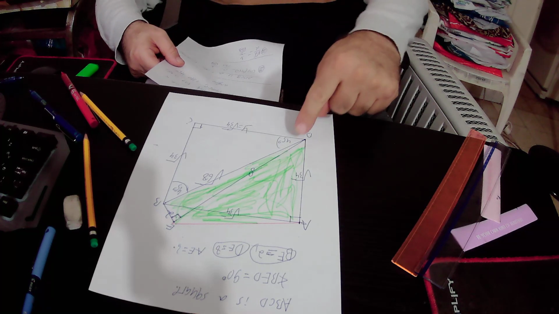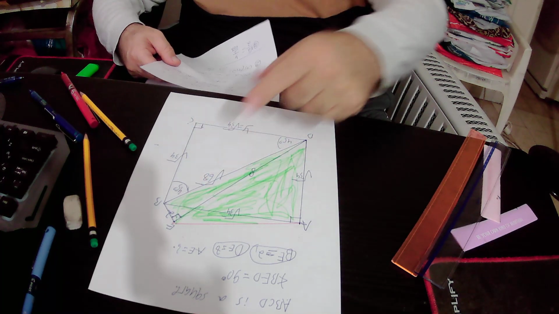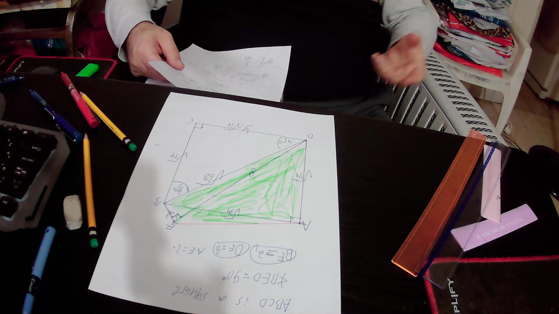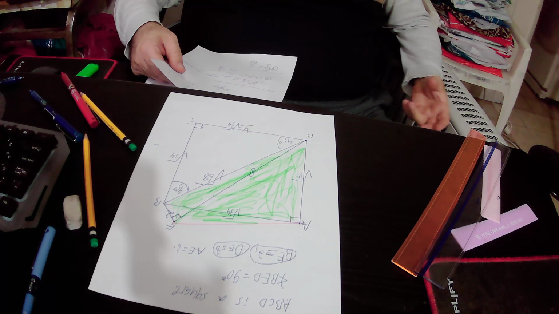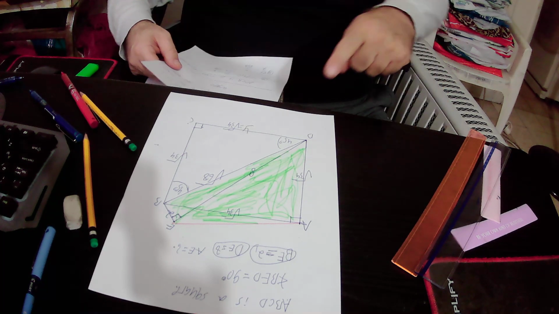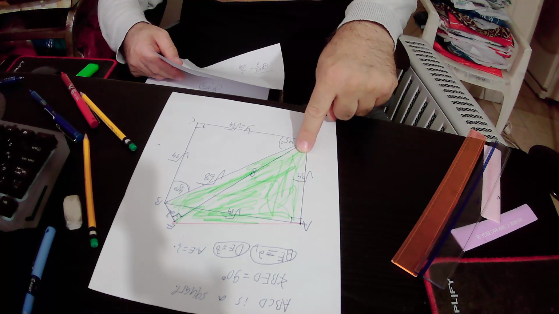Likewise, this angle and this angle are also 45 degrees because the diagonal DB bisects the angles. What is bisect? It divides the angle into two equal parts, or two equal angles.